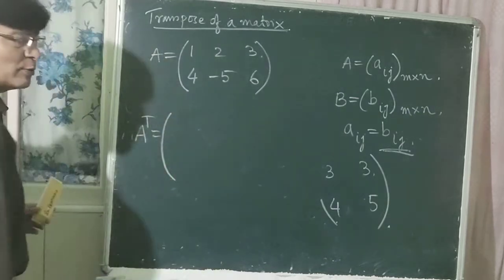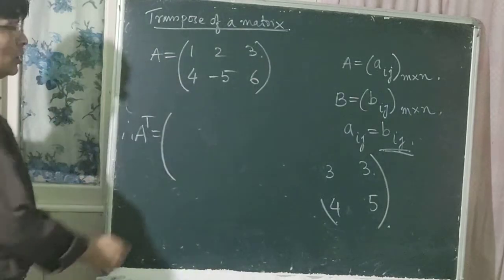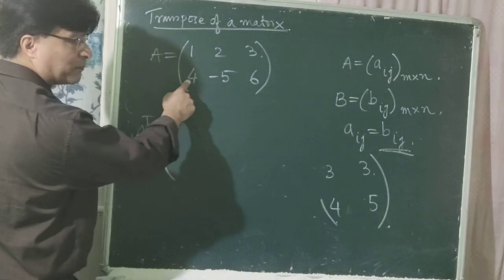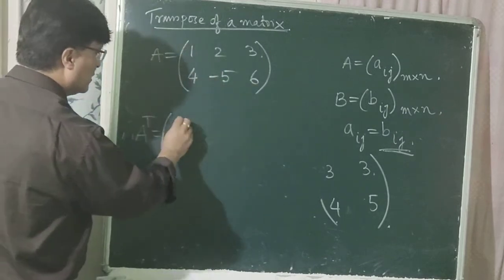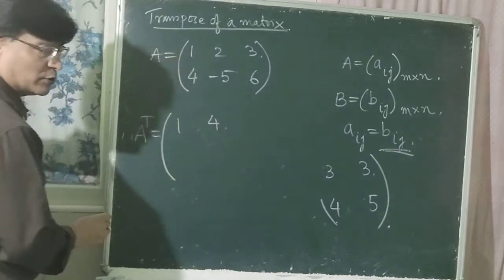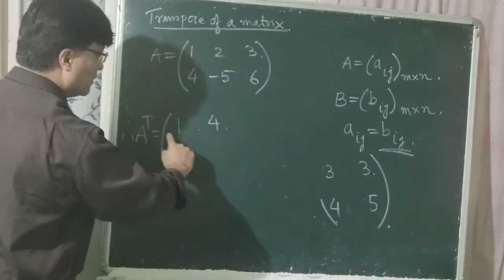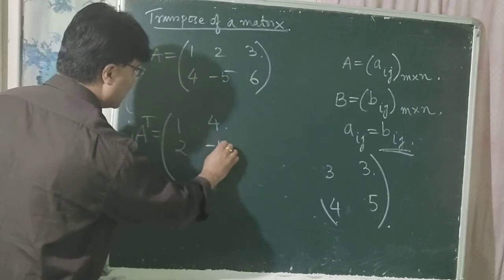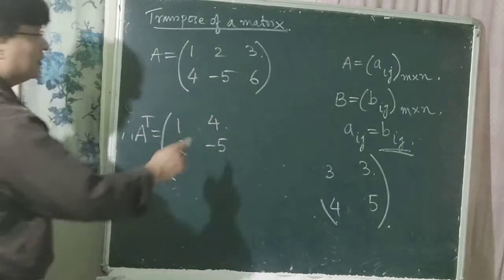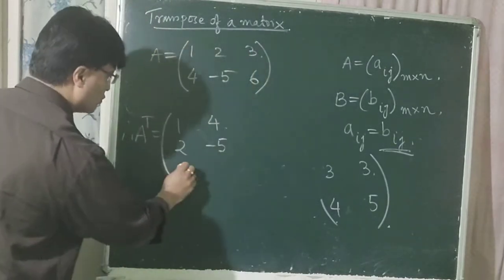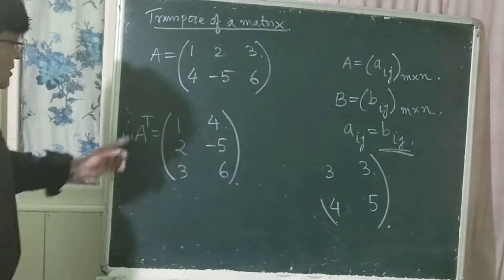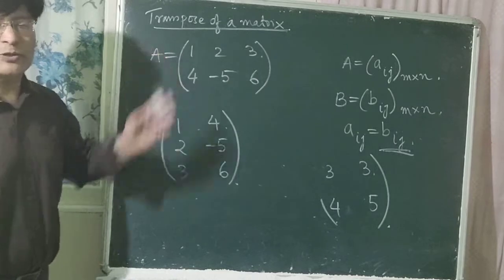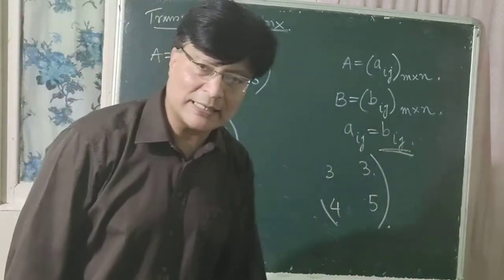You should make the first column the first row. First column 1, 4 will be the first row. The second column, 2, minus 5, will be the second row. And the third column, 3, 6, will be the third row. So this A T is known as the transpose of the matrix A.